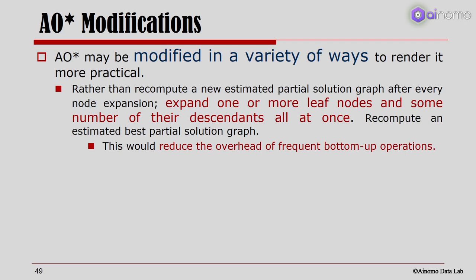That is, rather than recompute a new estimated partial solution after every node expansion, we can expand one or more leaf nodes and some number of their descendants all at once, and then recompute an estimated best partial solution graph. Now what would this lead to? Some reduction in the overhead of frequent bottom-up operations.